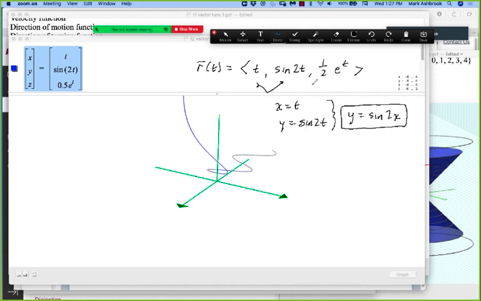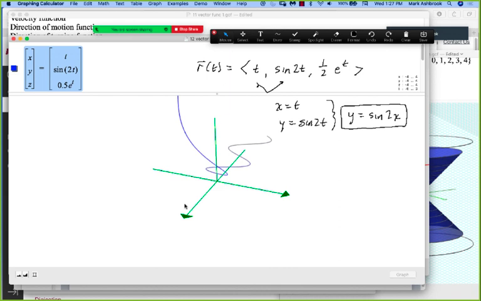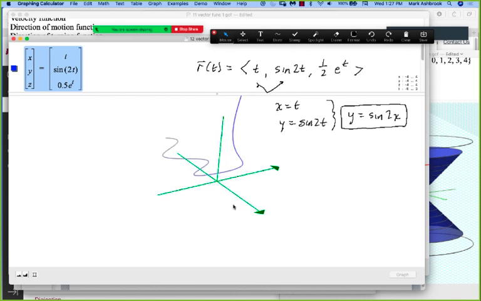What perspective is it? It's the perspective that doesn't care about t, doesn't care about distinguishing between t values. How should I look at this graph to only see the relationship of x and y and not have z be involved? You should look at it directly from the top down.